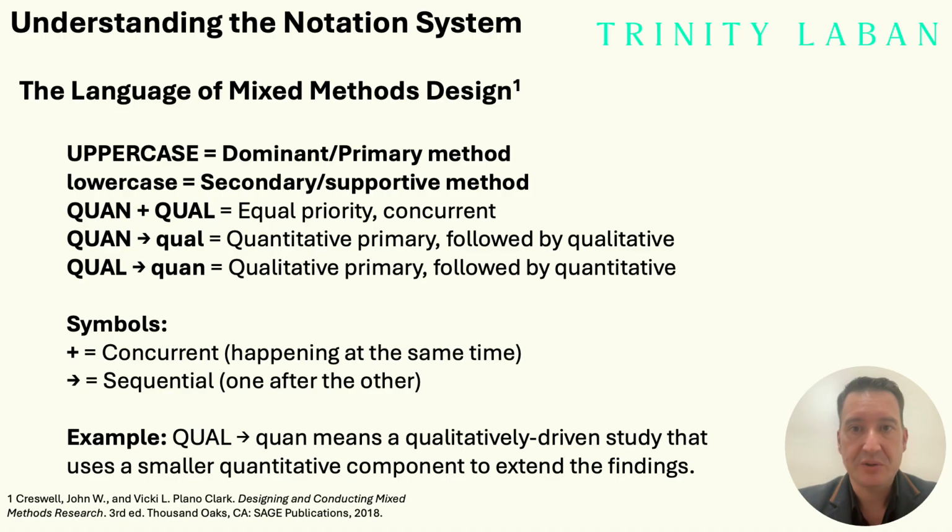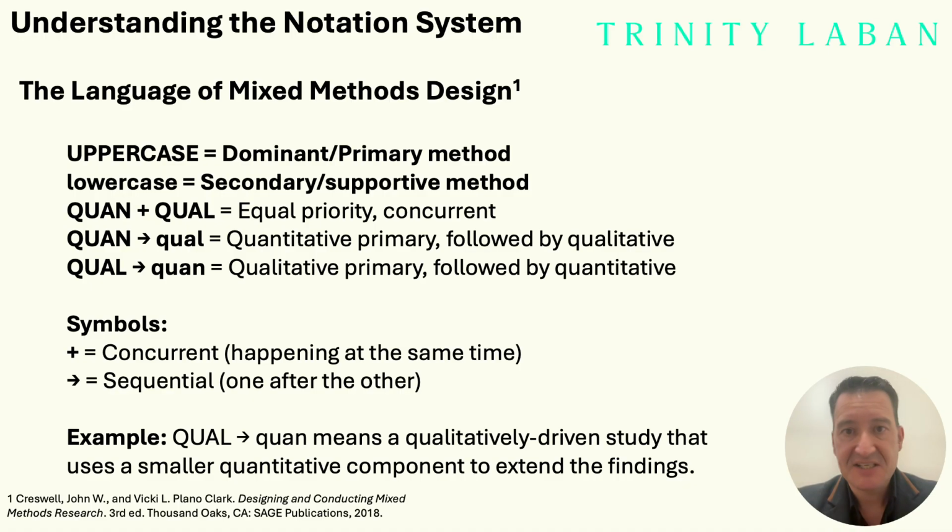The symbols matter too. A plus sign, QUANT + QUAL, means concurrent, so you're collecting both types of data at roughly the same time. Whereas an arrow means that the data collection is sequential. One phase follows the other.